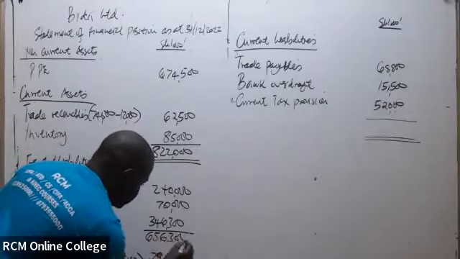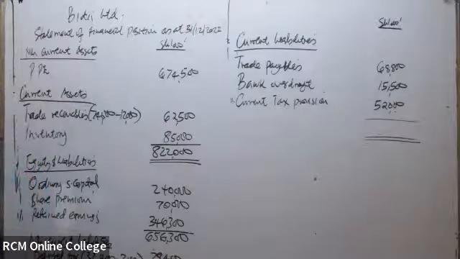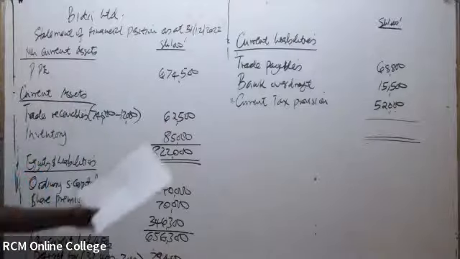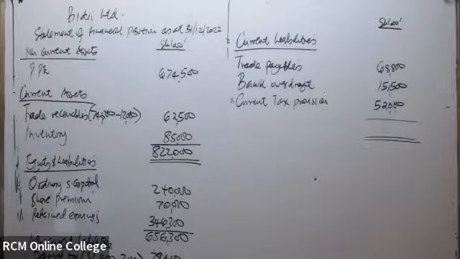Then the total, just total now. Irene, just total now. Valerie, just total these others now. 822 million.